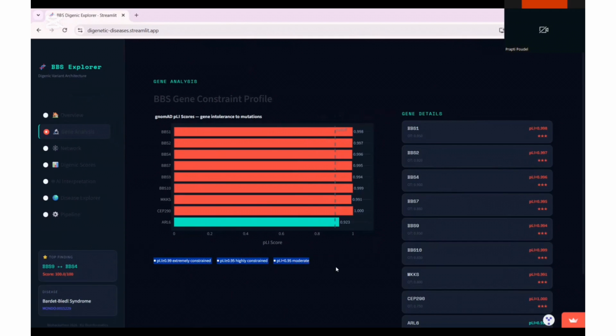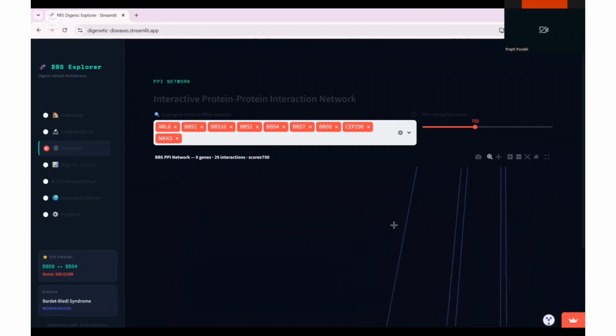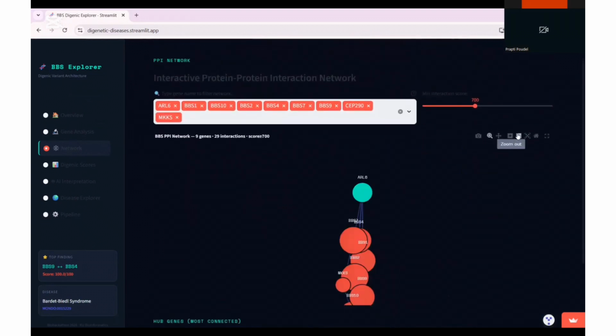Now, let us go through the PPI, which is the protein-protein interaction network. From this protein-protein interaction topology, we can see that each node is a BBS gene and each edge is a protein interaction confirmed by STRING at confidence over 700, which is at least 70% probability of being a true biological interaction.